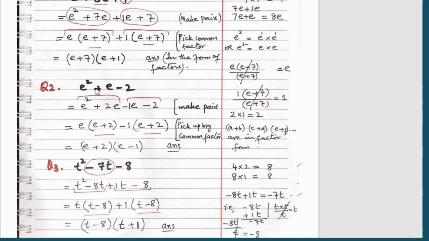If you are not getting plus 1e back, it means your breaking of the middle term is wrong. Plus 2e minus 1e is giving us plus 1e. It means our breaking of the middle term is right with the help of the sum and product method.